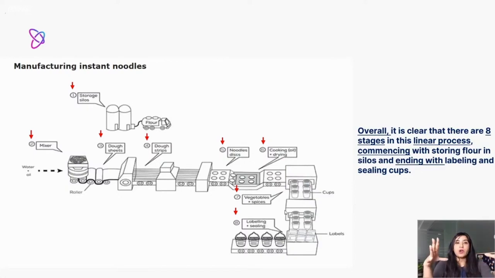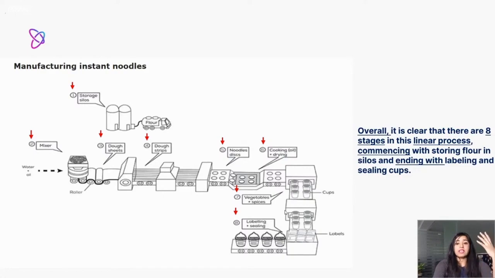So do you see how we've briefly summarized this whole process? We didn't use too many words or phrases, we just said overall how many stages there are. There are 8 stages. It's a linear process, meaning it's going in one line, as you can see, not in a circle.